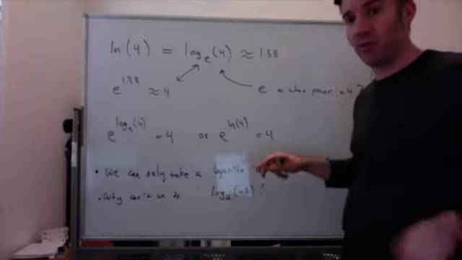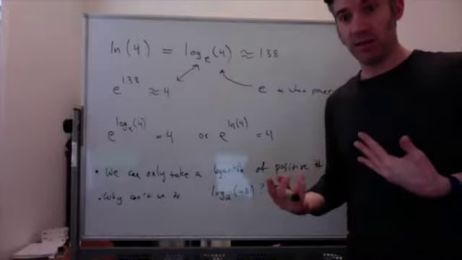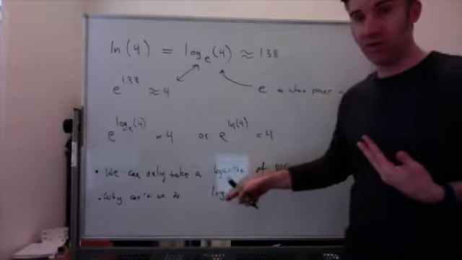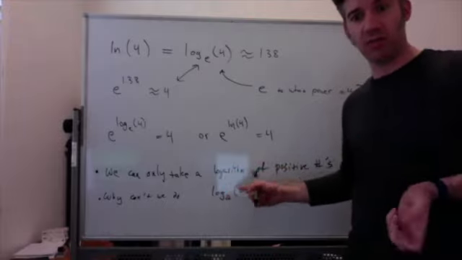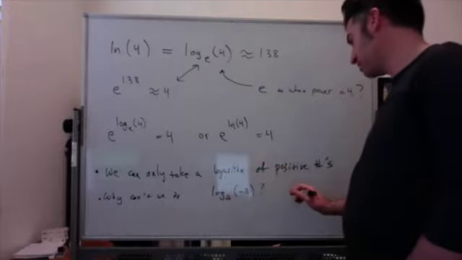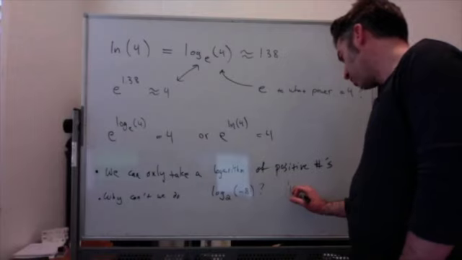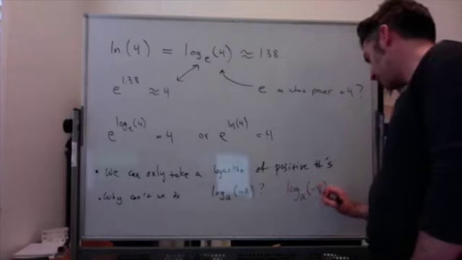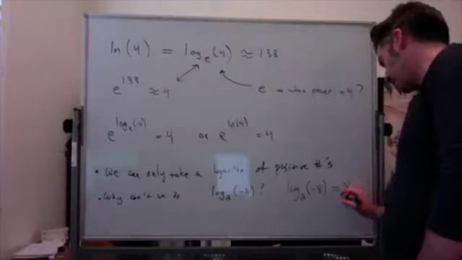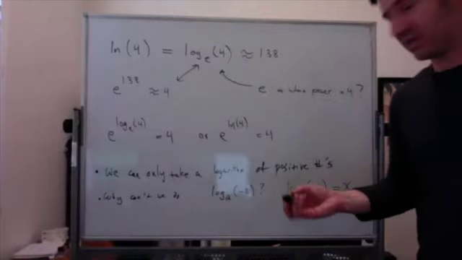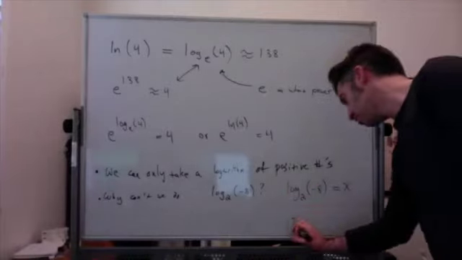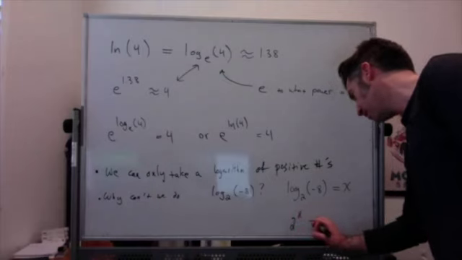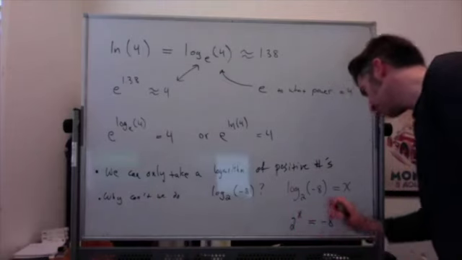This means we're trying to find the exponent, the power of 2, so that 2 to that power equals negative 8. So here's what this says. If we have log base 2 of negative 8 equal to x, what that means is that 2 to the x power equals negative 8.